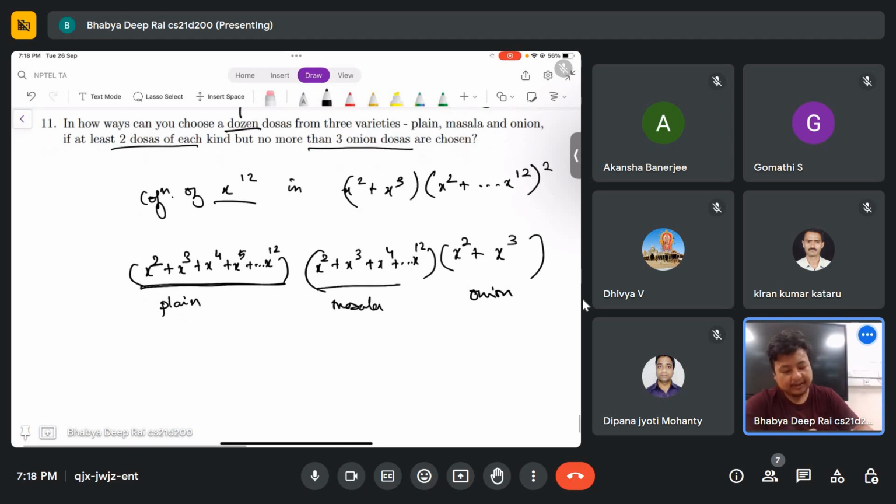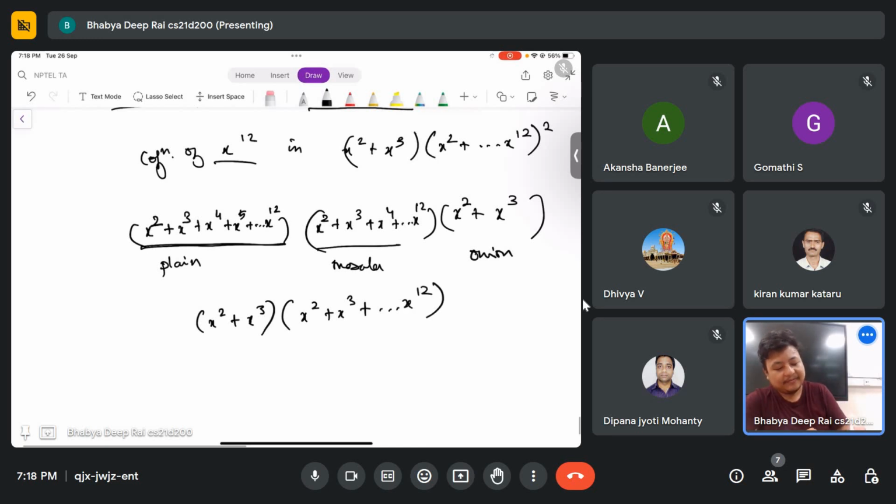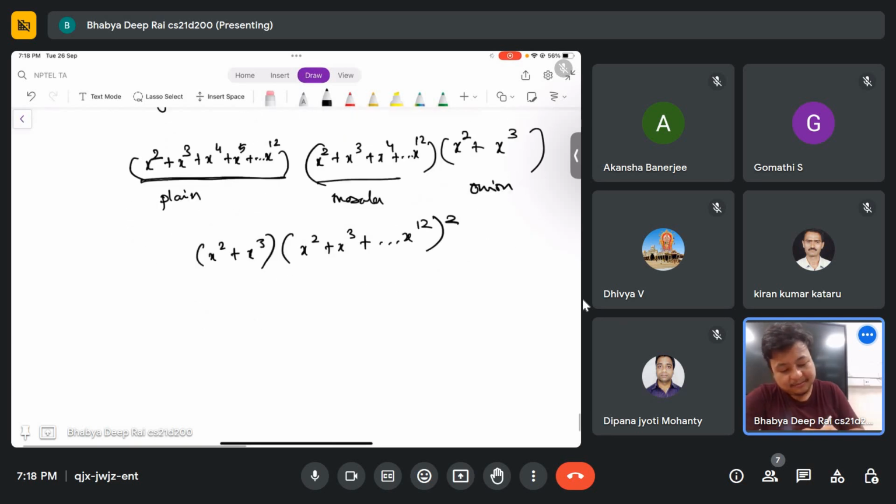Okay, good. Now what we do is simply multiply them: x square plus x cube, and x square plus x cube plus and so on till x to the 12, squared. This is the final polynomial I receive, and the total number of dosas I have in my hand is 12, right?